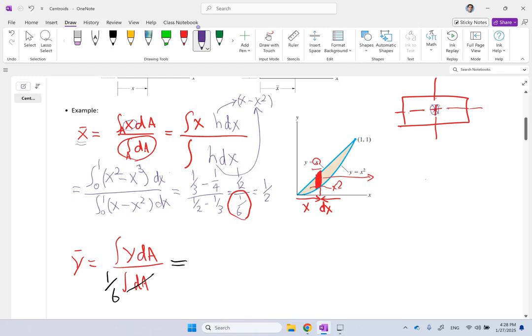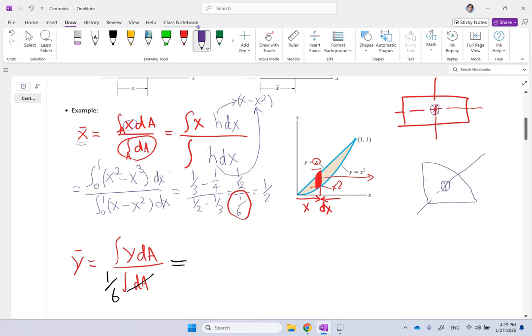Okay? But for instance, if you have a quarter of a circle, this one has only one axis of symmetry. And so your centroid should fall on this one. Where? We'll find out. But centroids always fall onto the axis of symmetries, if more than one, on their intersection. So for a rectangle, it's in the center.